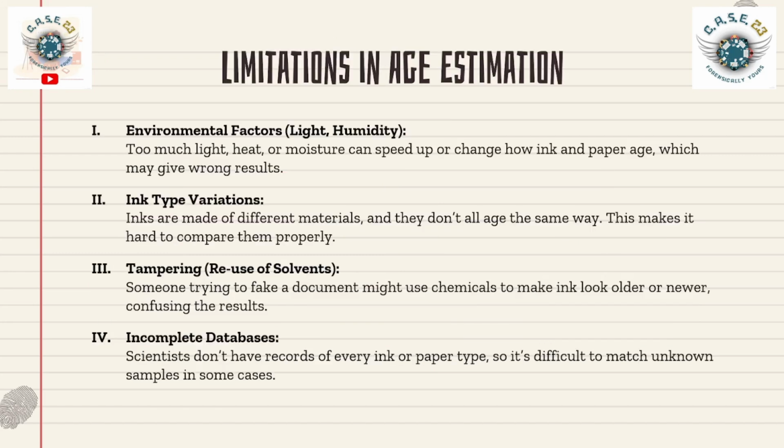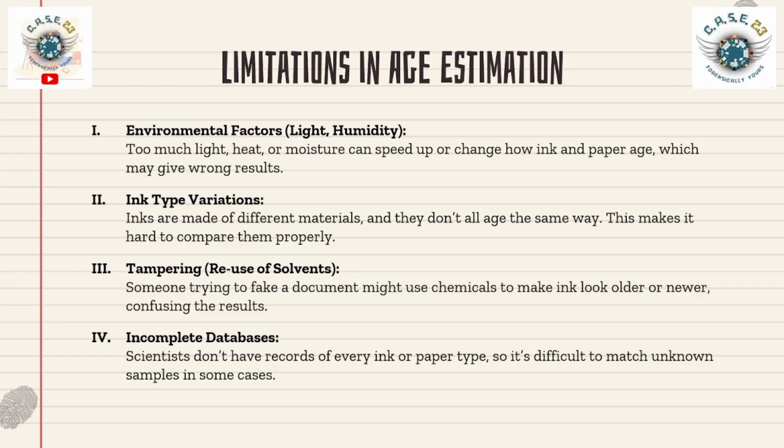Now, as amazing as document age estimation sounds, it is important to understand that science also has some limitations. Not everything is as accurate as it seems to be. So let's quickly go over the main challenges forensic experts face when estimating the age of paper or ink.